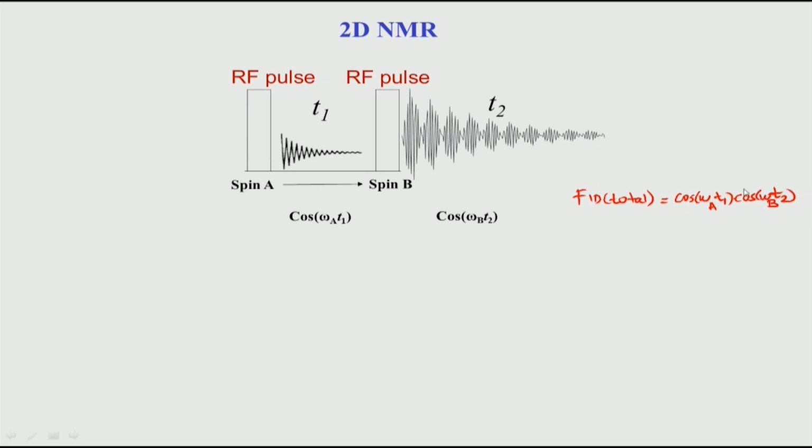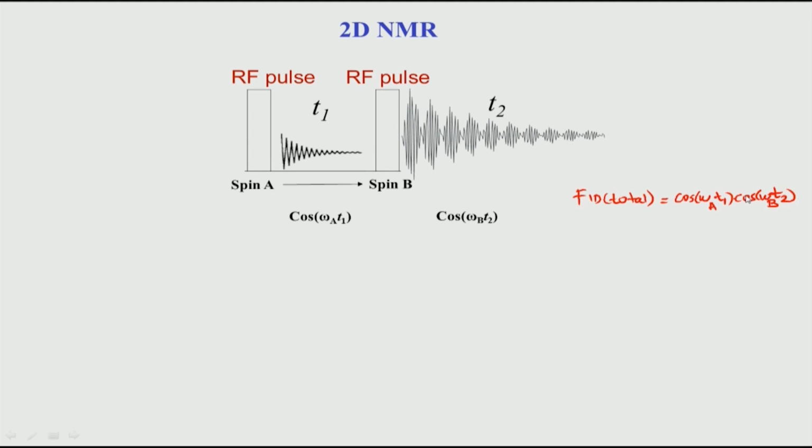If you focus your attention on this part here, omega T2, the intensity of this frequency, which is the amplitude, is multiplied with another factor. Okay. So, therefore, this intensity now has the chemical shift information of A, because this factor, cosine of omega A, is now modulating the second FID.